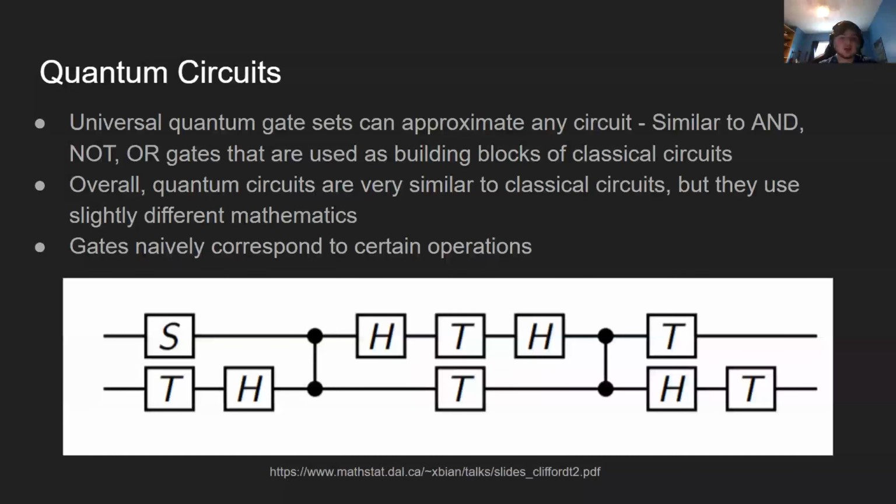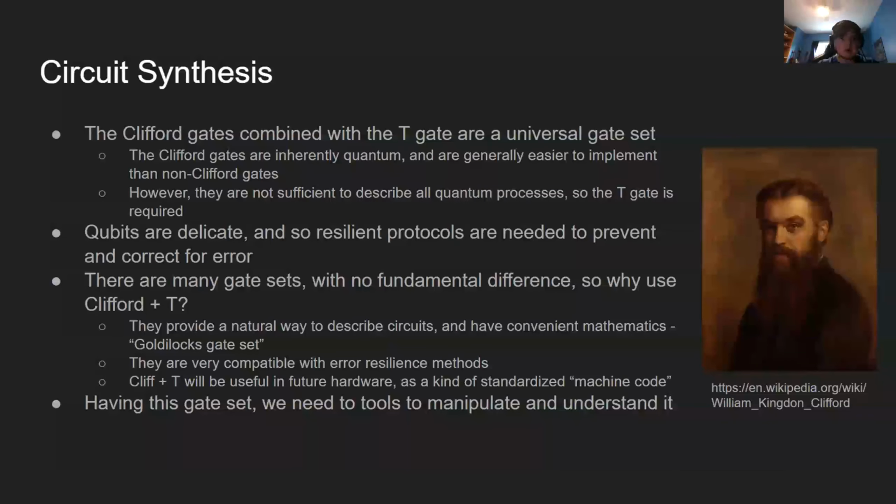The boxes are single qubit gates, and the vertical wires correspond to 2 qubit gates. On the top qubit, it's being operated on by an S gate. Then later it's operated on by, I think, a CNOT gate, and then a Hadamard gate, or an H gate, and a T gate, and so on and so forth. These gates are actually something called the Clifford plus T gate set, which we will talk about on the next slide.